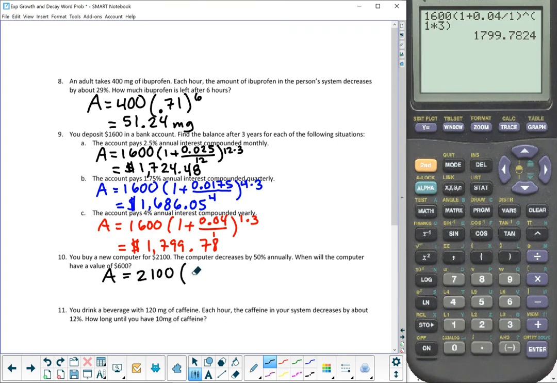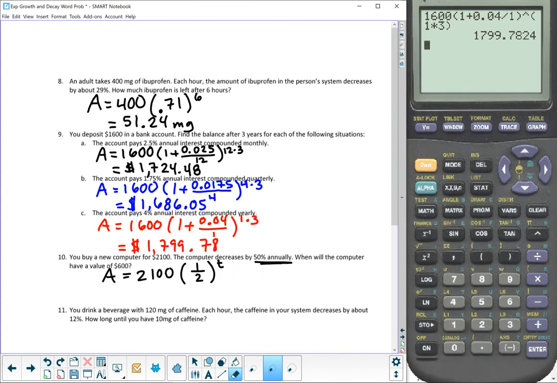And it's going to be half only, or it decreases by 50%, which means we keep 50%, right? And then we want to know, well, how long is that going to take? And it decreases by 50% annually, meaning once a year. So divided by 1, but again, that 1's not going to affect anything. So I'm just going to go ahead and get rid of it, just for simplicity's sake.